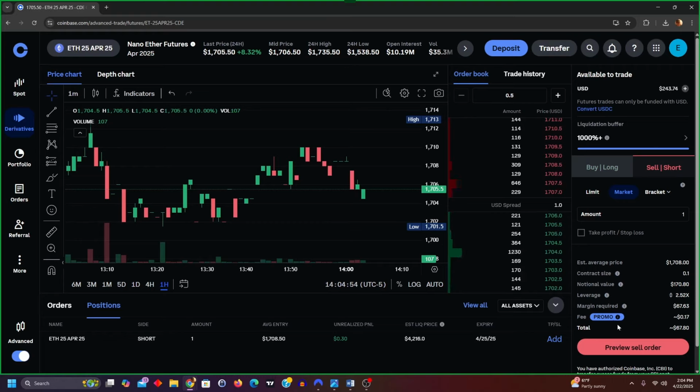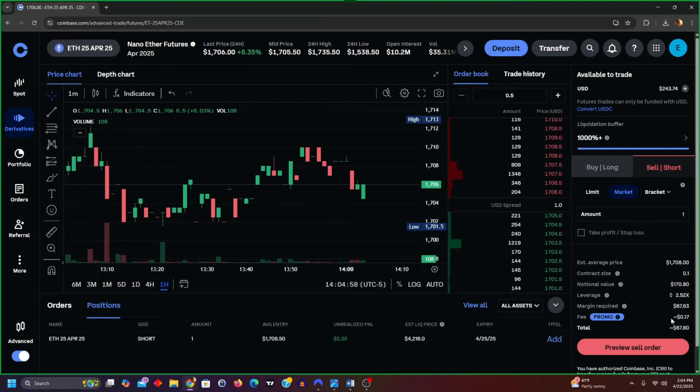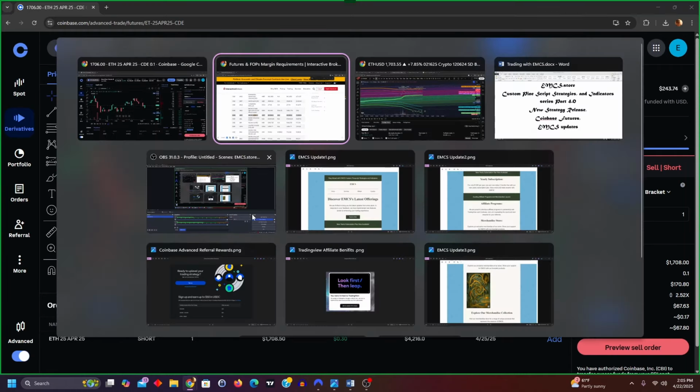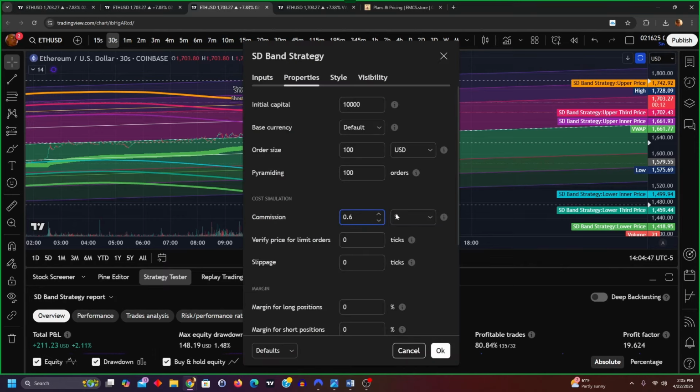And you can also see the fee. This is a promotional rate Coinbase has on the derivative contracts, which are the futures. So that would actually change this. It wouldn't be 0.6%. It's actually about 20 cents.